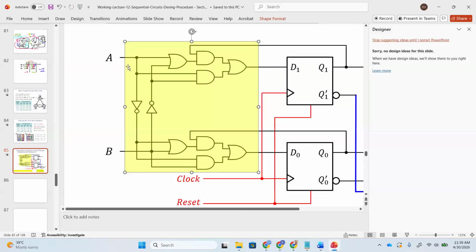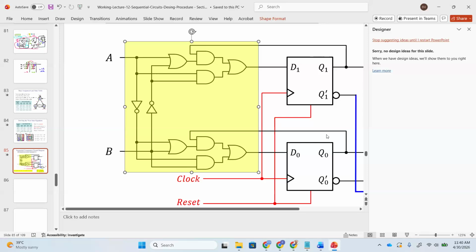Which logic is this, the yellow one? NSL logic, next state logic. What is this thingy? Anyone tell? State memory, current state memory. And D1 and D0 are ST plus 1, and Q1 and Q0 are ST. Did you get it? You need to memorize all these things.